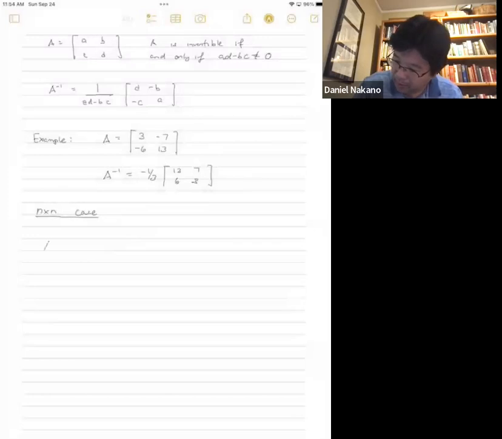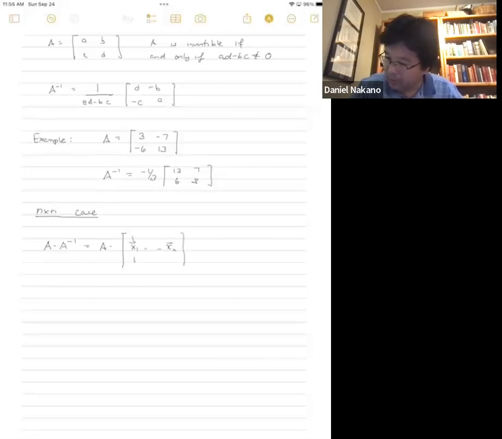In the n by n case, I have A times A inverse, and that's the identity matrix. So for the moment, let's say that x1 up to xn make up the inverse of A, and let's label the columns by x1 up to xn.